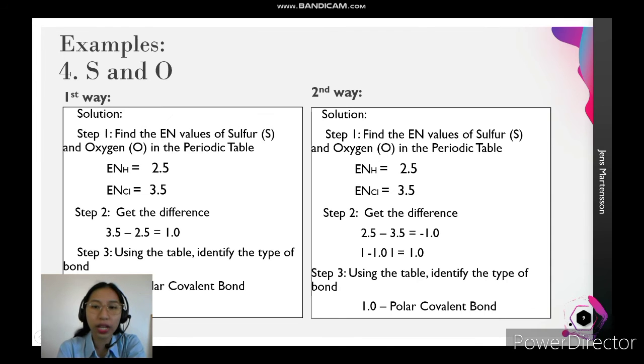In your module, ingani ang gibuhat, 2.5 diretso, smaller value, minus 3.5, which is a bigger value, and you will arrive at a negative 1.0. Get the absolute value of negative 1.0 and you will have positive 1.0. Same thing, 1.0 falls under 0.5 to 1.6. Therefore, that is a polar covalent bond.